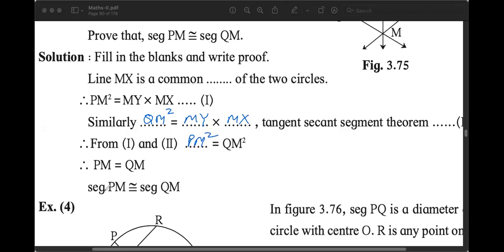If the squares of two numbers are equal, it means the numbers themselves are also equal. So PM equals QM. How? You take square roots on both sides. We are proving this using the tangent secant segment theorem and some basic algebra. That is it.